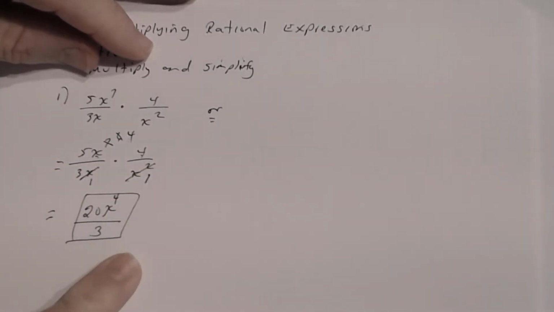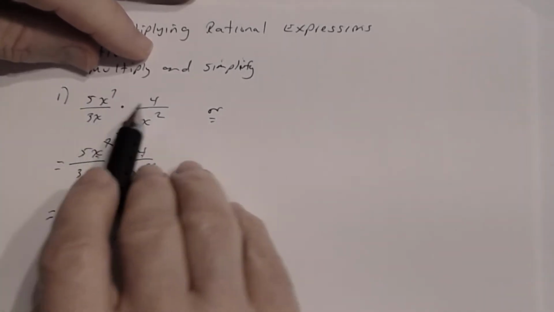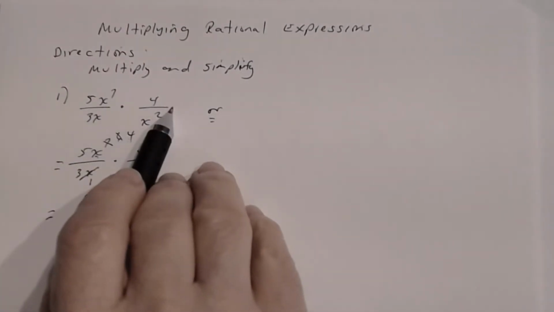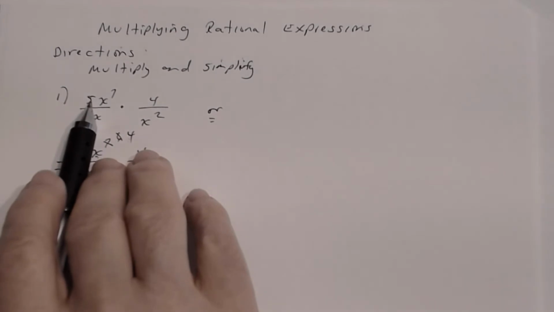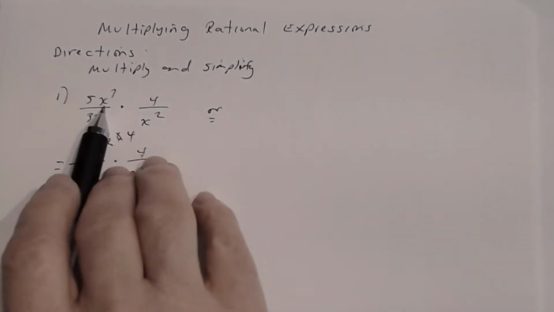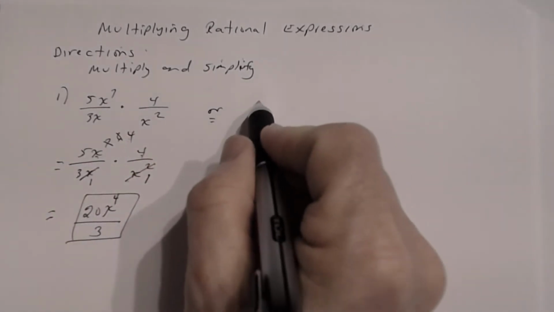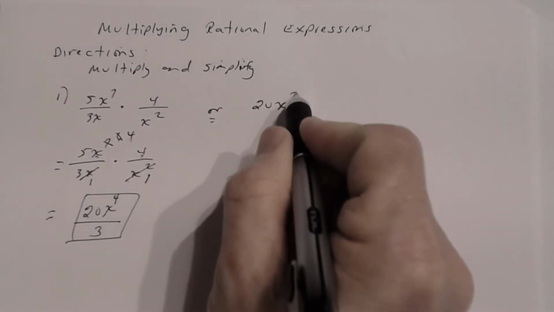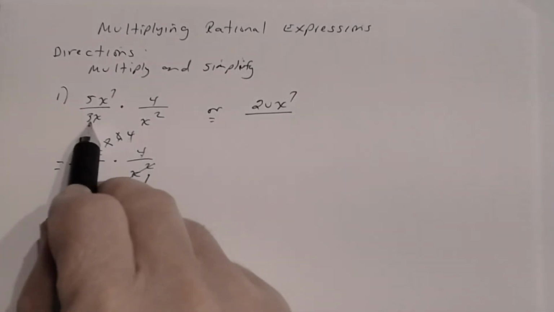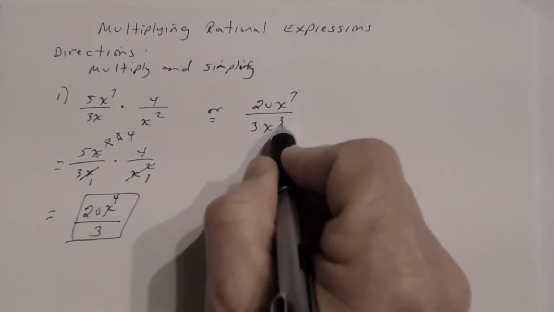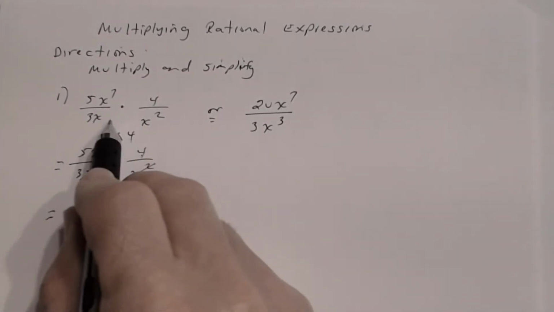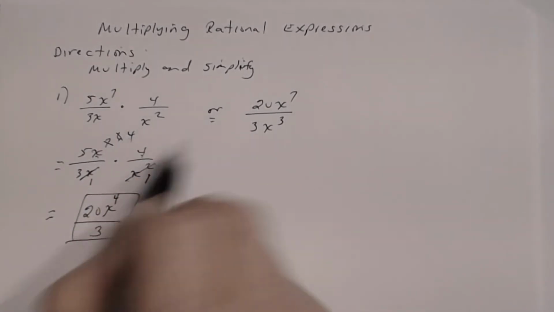So what you could have done was multiply all the numerators together: 5 times 4 times x to the 7th is 20x to the 7th, divided by 3 times x squared, which is 3x cubed. Because when you multiply like bases, you add exponents, so x times x squared is x cubed.